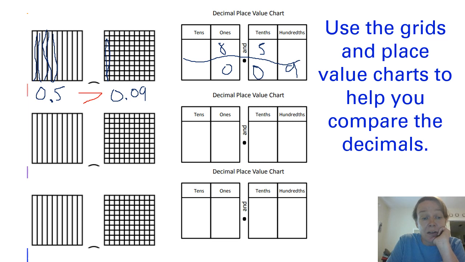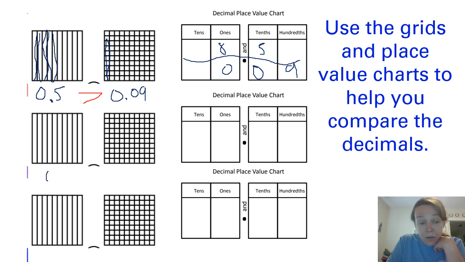If we look back over at the grid, it's showing this one has 5 columns shaded. This one has no columns shaded. It has 9 hundredths shaded, 9 individual pieces. So we're comparing, that has 5 tenths, that has 0 tenths. The one with the 5 tenths is larger. Okay, very important that you don't think that that's a 9 and that's a 5 and think 9 is bigger than 5.